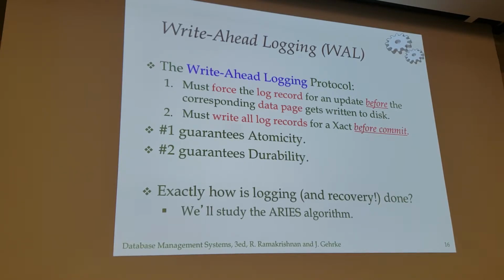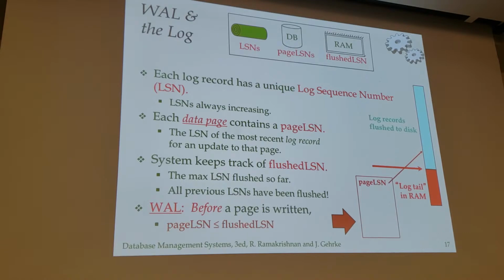And now, these two notions over here, page LSN and flushed LSN, allow me to express condition number 1 very elegantly and simply. To be able to get condition number 1 on write-ahead log, what's required is that before a page is written, before I will force a page out to disk or other persistent storage, its page LSN must be less than or equal to the flushed LSN.